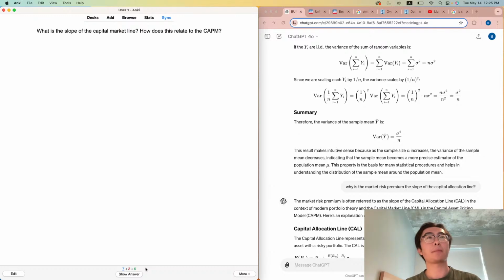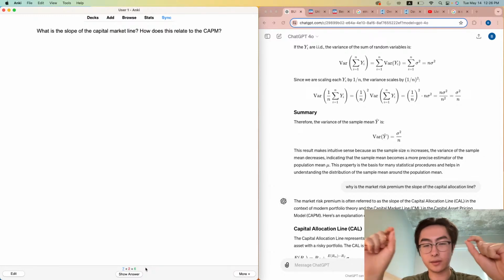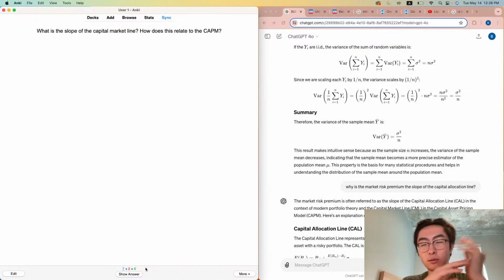And this relates to the CAPM because the tangent portfolio, when we're looking at all of the investable assets in, I guess, the entire universe, the numerator is actually the market risk premium. That's your expected return on the market portfolio minus the risk-free rate, and then we divide that by the standard deviation of the market portfolio. So the market risk premium here is super important whenever we're looking at the capital market line.